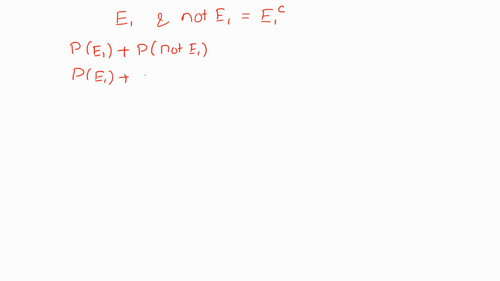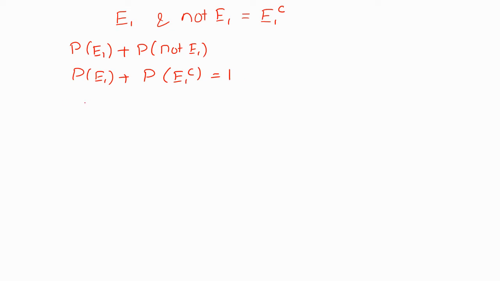Now the probability of an event E, and another event which is not E, that is termed as E complement, written as E with a superscript C. So we have seen that the probability of E plus the probability of E complement is equal to 1.